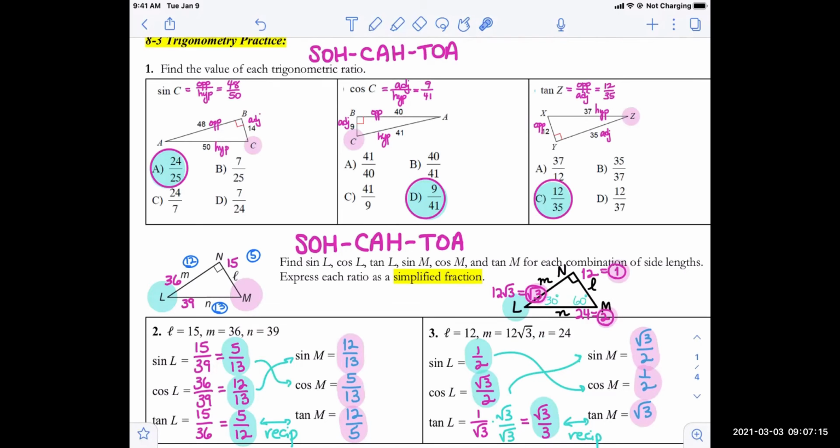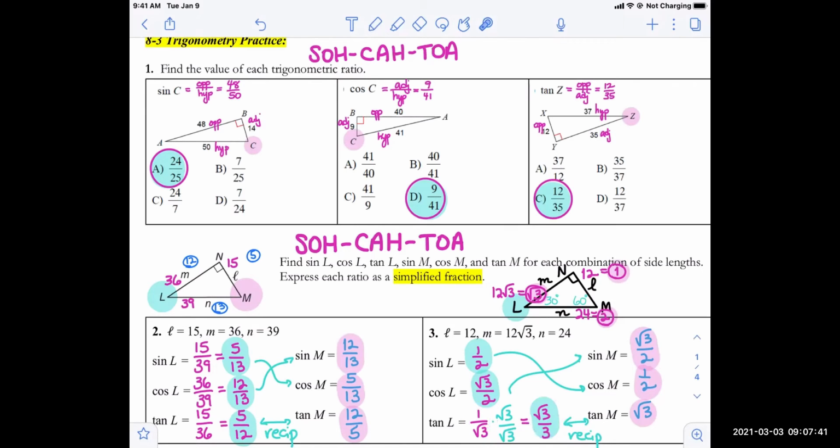Anything else on 1 through 3? Jake? Which one? This one? Okay. So I just simply took that tangent and flipped it over. Remember that those are reciprocals. So rather than taking this and flipping it over and then having to rationalize, I just flipped that over.